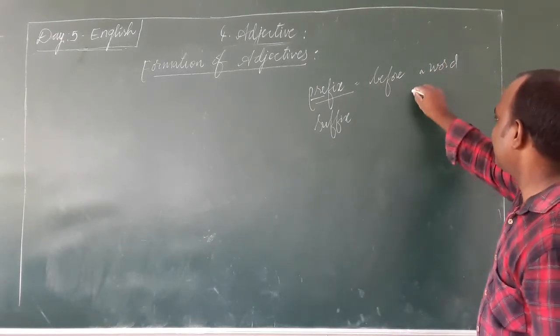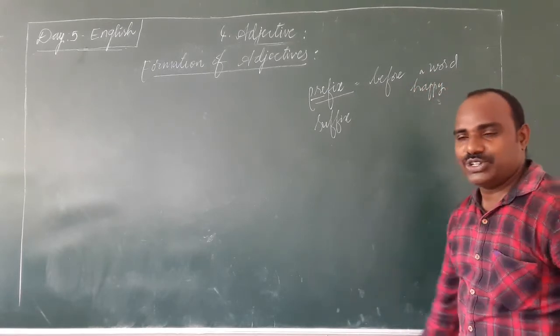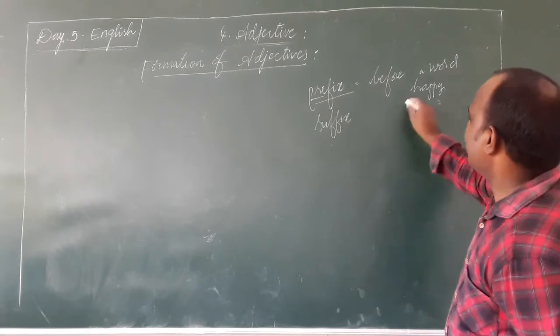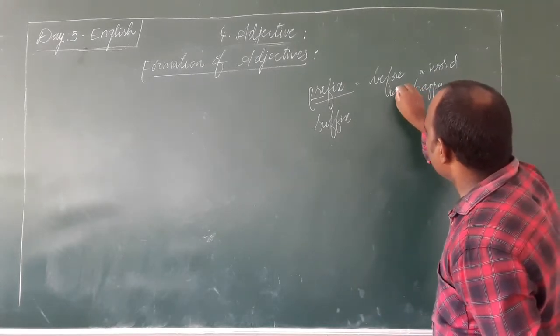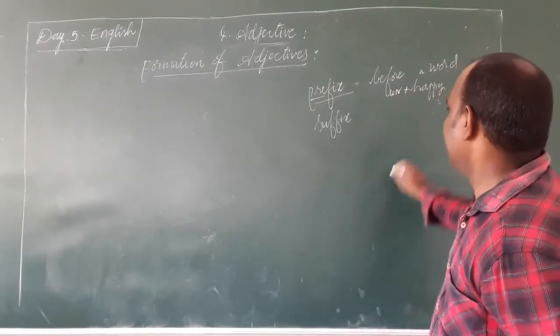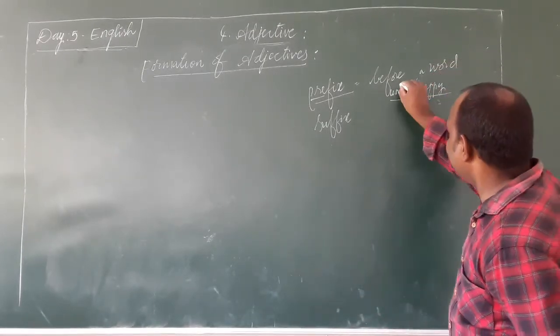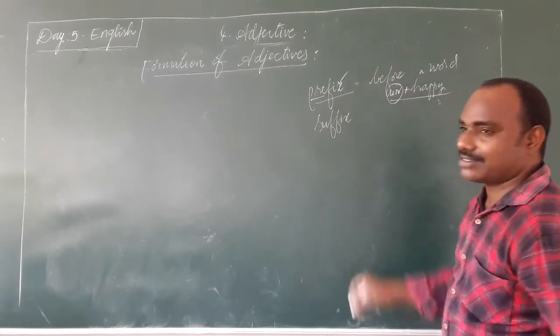Pre means before. For example, happy, H-A-P-P-Y. If we add UN plus happy, unhappy. So this is called a prefix word. UN is called a prefix.